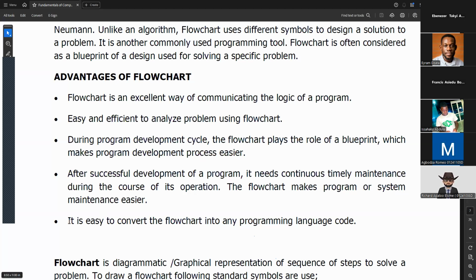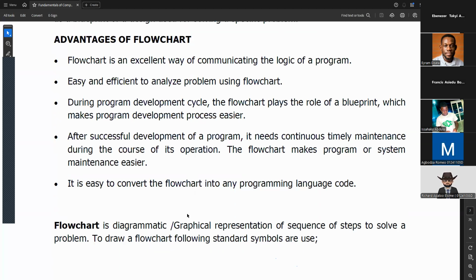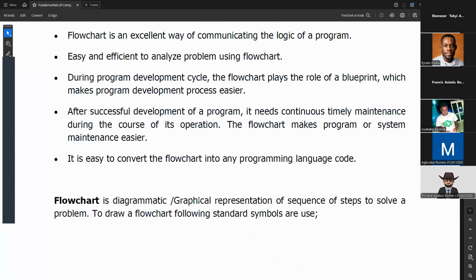It's also easy to convert the flowchart into any programming language, just like the algorithm. The flowchart is a diagrammatic or graphical representation of the sequence of steps to solve the problem, and those steps are your algorithm. So it's just a graphical representation of your algorithm.